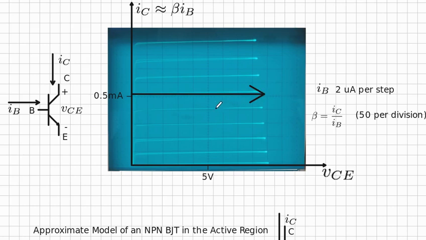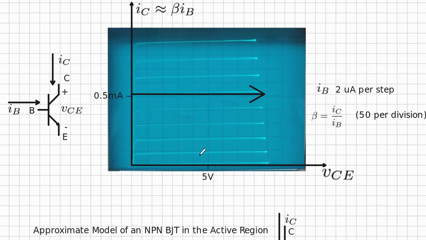Notice that each of these curves is almost exactly flat. A line such as this black one that is exactly flat could be written as IC equals a certain value, in this case 0.5 milliamps. Or in general, for all of the base currents, we could write it as IC equals beta times IB.